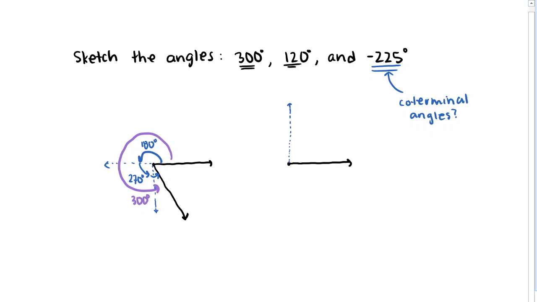So, maybe like so. And so here, this might be my 120 degrees. And it feels like it's roughly 2/3 of our 180 degrees. So hopefully that feels about right.